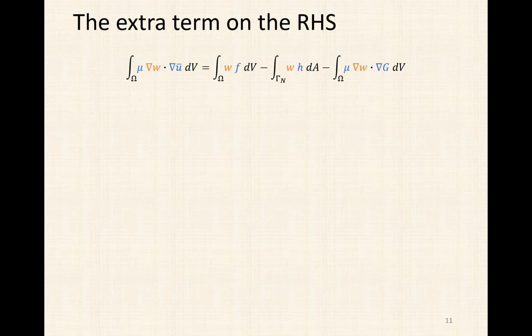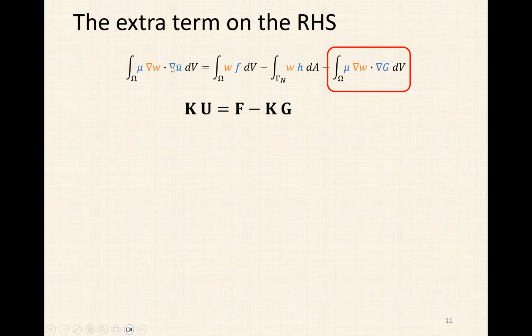So what is this extra term? How do we deal with it in programming? For example, if you are interested, just briefly. This extra term, we are subtracting it from the right hand side. If you haven't noticed, after discretization, we have Ku equal to F, and this extra term is very similar to K. The only difference is u bar and G, right?